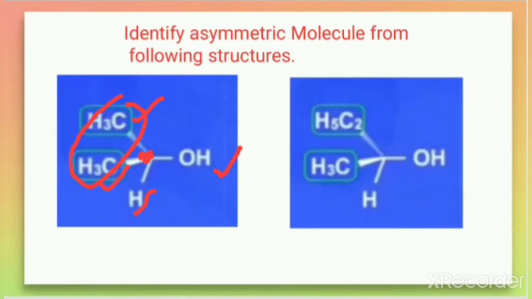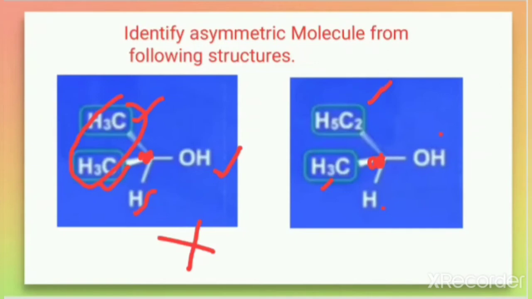So an asymmetric molecule means one which has all four groups or atoms different. But here two are similar. Therefore, we can say that this is not an asymmetric molecule. Let us take the next structure. Here, this is the carbon, which is surrounded by one ethyl group, a methyl group, hydrogen and a hydroxy group.